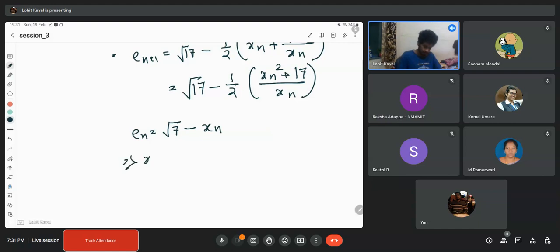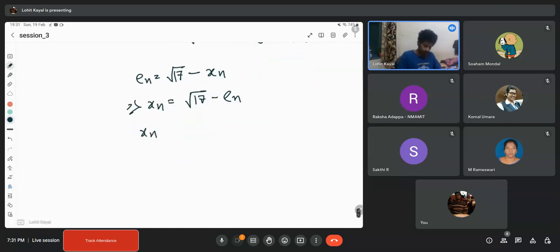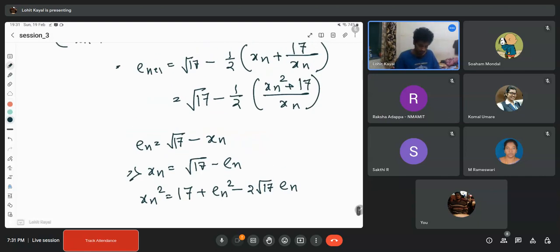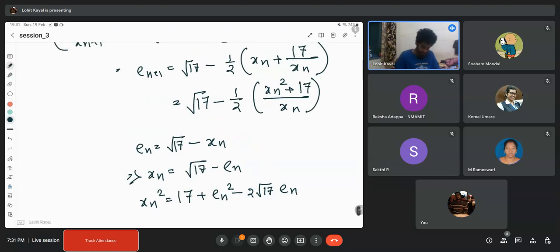Now I am provided that en equal to square root of 17 minus xn. This means I can write that xn equal to square root of 17 minus en. So xn square equal to 17 plus en square minus 2 square root of 17 en. Now I will substitute this in place of this.